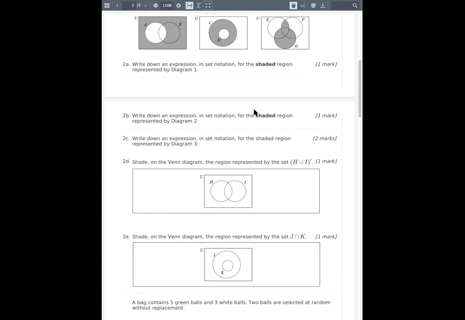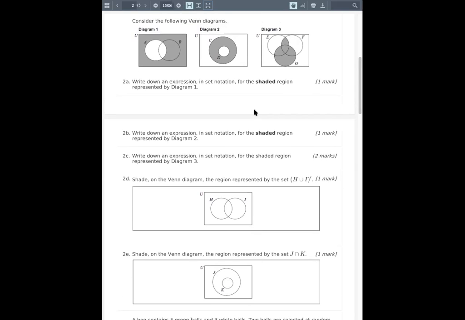Okay, so wait, whenever it says union, it includes everything in the set, right? Yeah, everything from both sets. So if it was C union D for diagram 2, that would be everything inside the circles shaded in. And intersection is just what they both have in common.